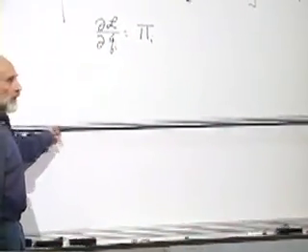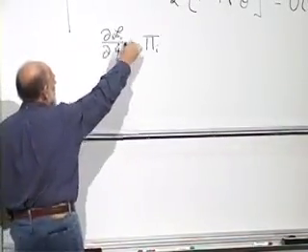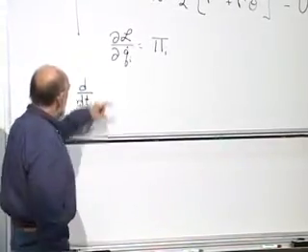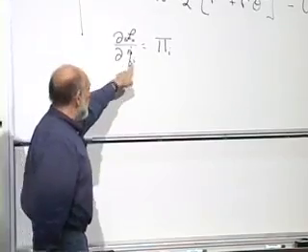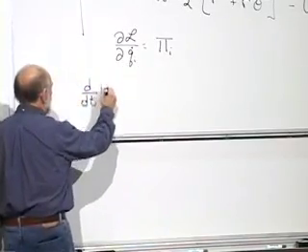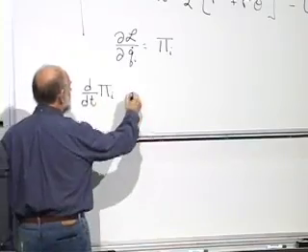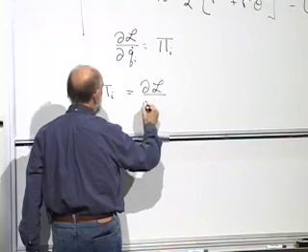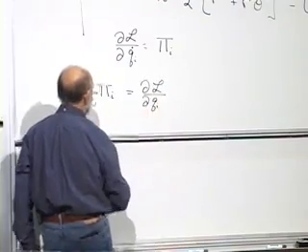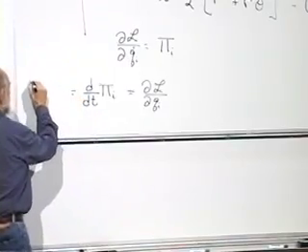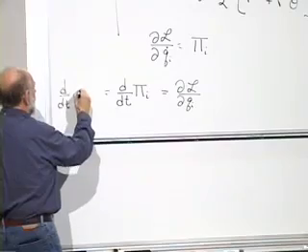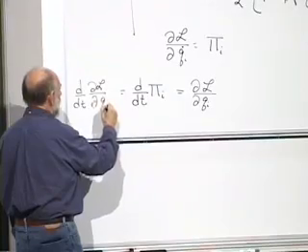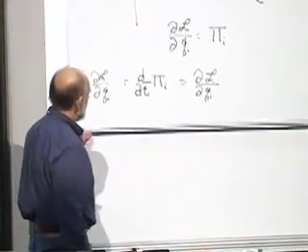Then the Euler-Lagrange equations are that d by dt of this object, sometimes I'll write just dL by dq dot, and sometimes I'll just write pi sub I. Let's write pi sub I, is equal to the derivative of the Lagrangian with respect to q sub I. We could also write this as d by dt of the derivative of the Lagrangian with respect to the ith generalized velocity, q sub I dot.